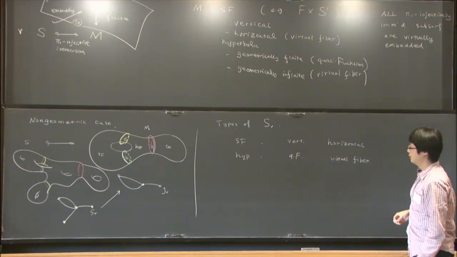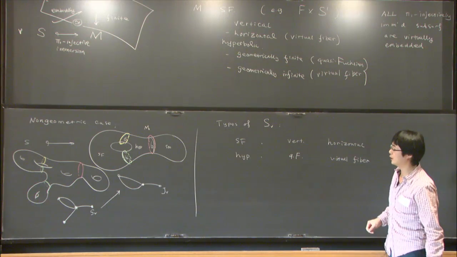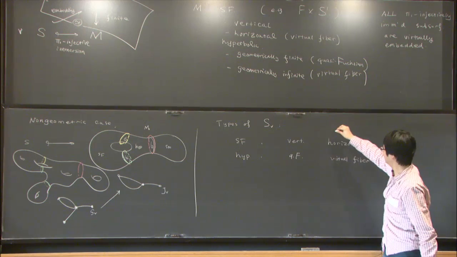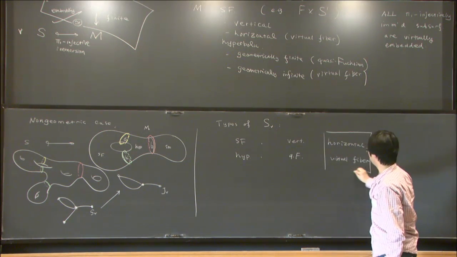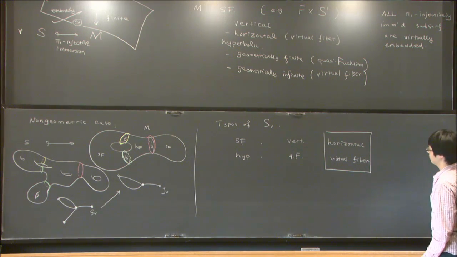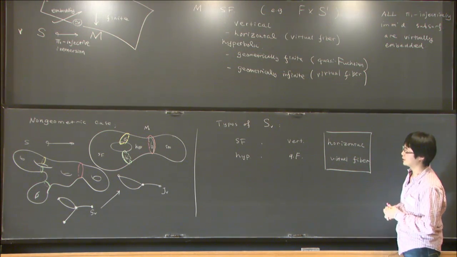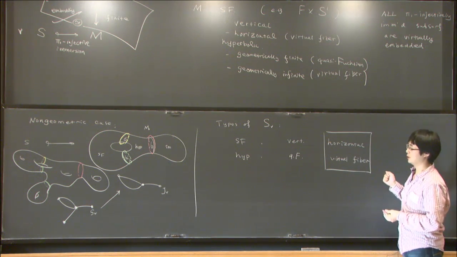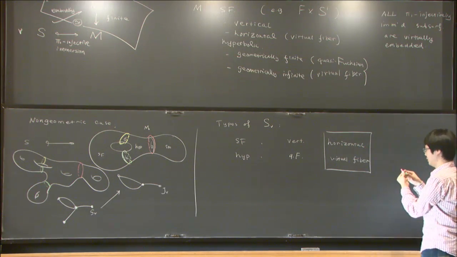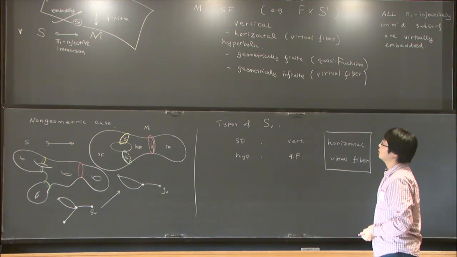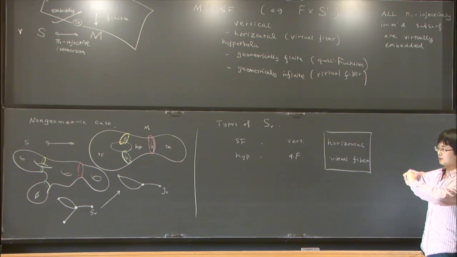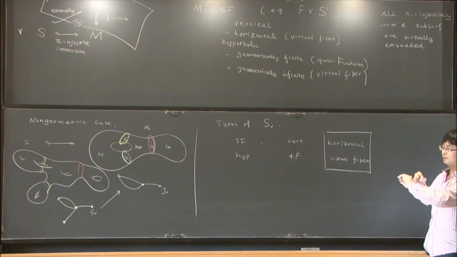In particular, I can try to construct a subsurface of S consisting of only these two types of subsurfaces. Piecewise, they are just virtual fibers, and if I glue them together along their boundary, I would imagine that the surface would correspond to some virtual fiber.